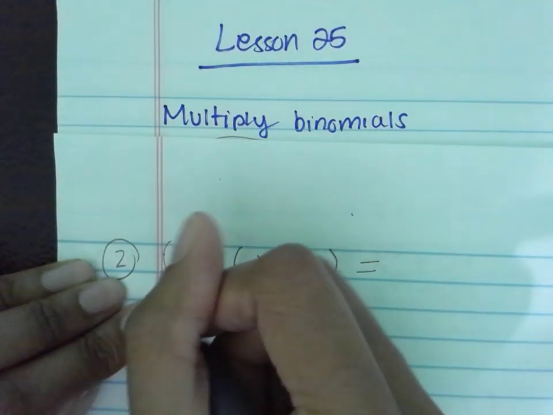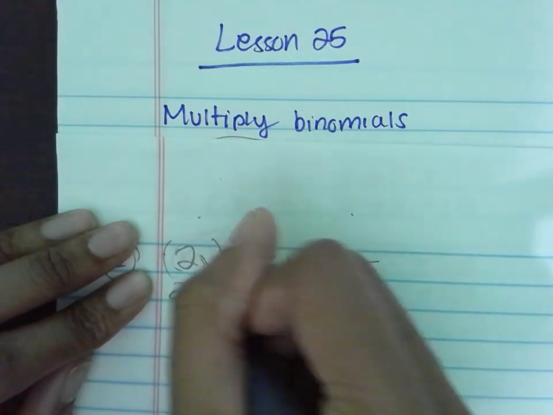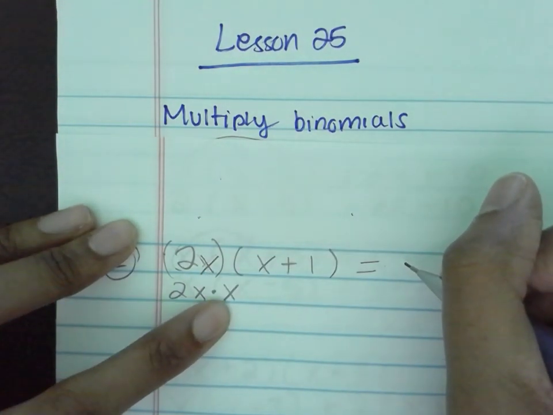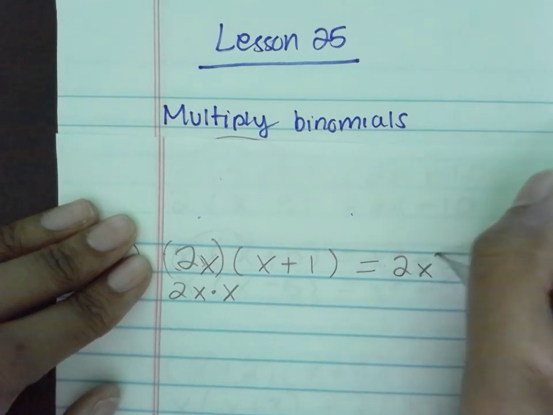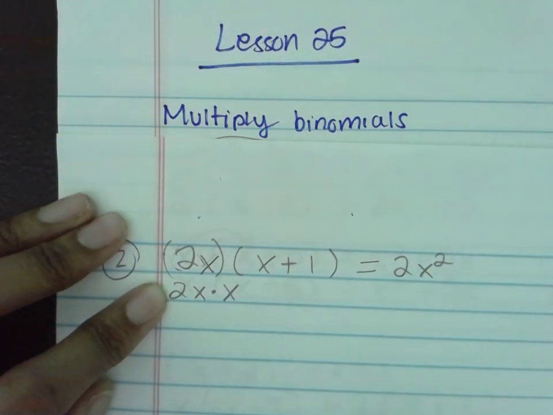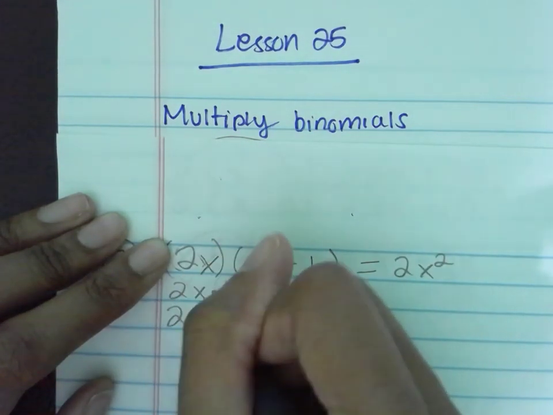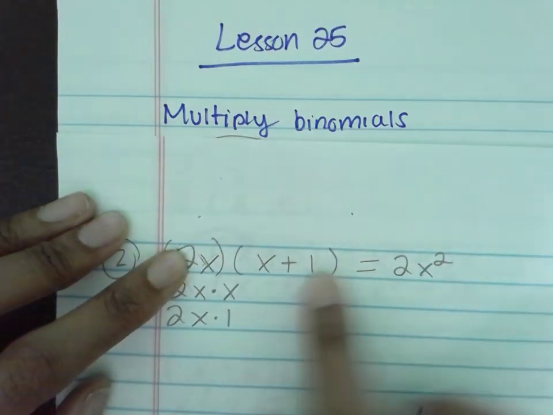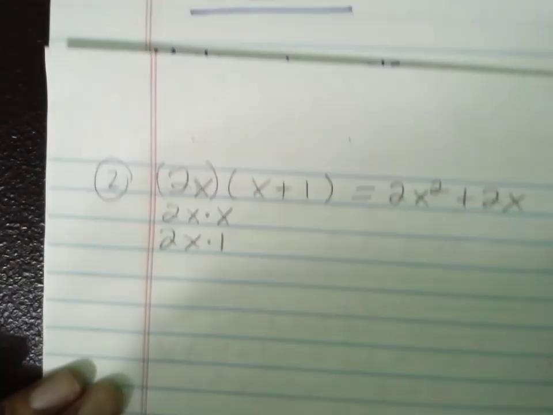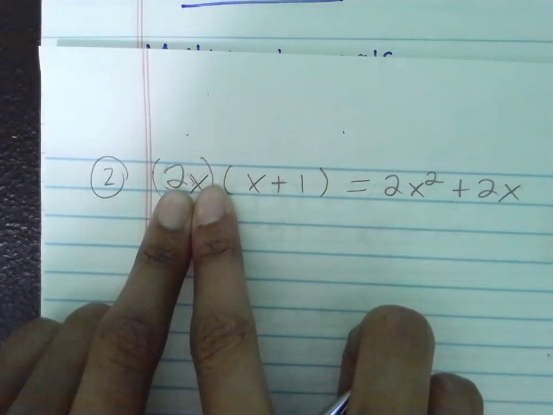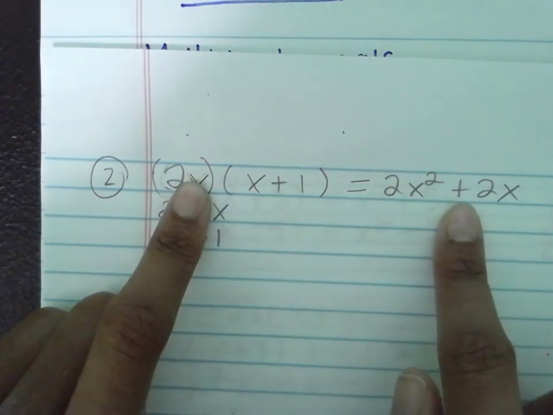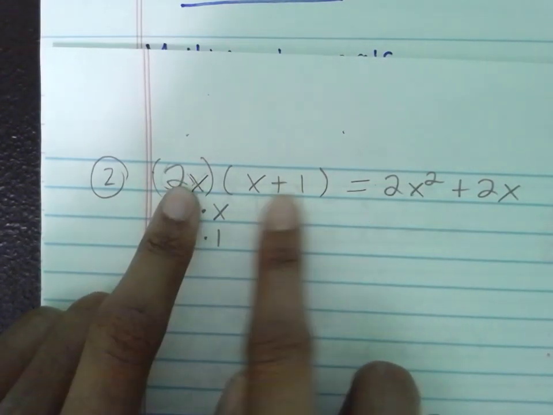So basically I'm taking 2x times x. 2x times x, that is 2x squared, because x times x makes the x squared. And then I'm taking 2x times 1, and that is positive 2x, and I'm done. So if you did this quickly, 2x times x, 2x squared. Positive times a positive is a positive, that's why there's a plus, and then 2x times 1 is 2x.